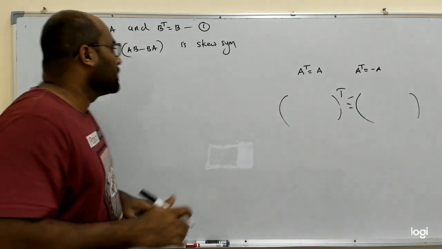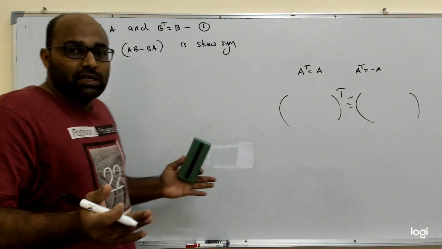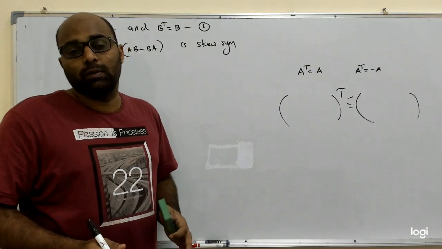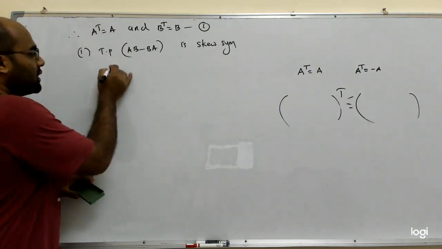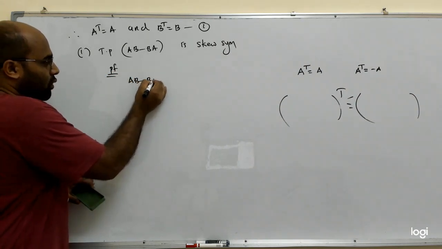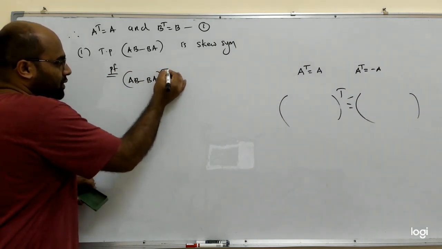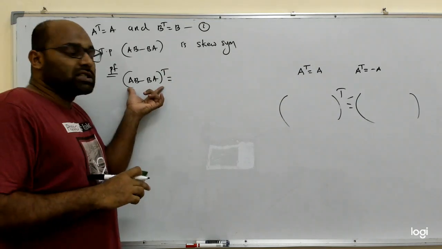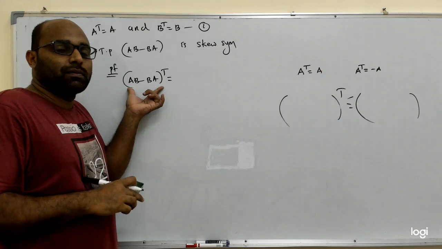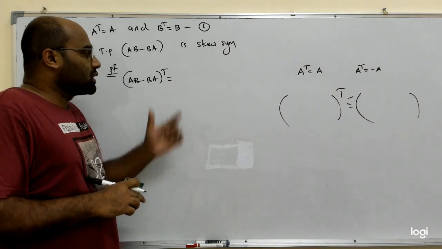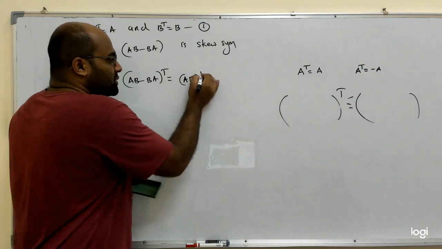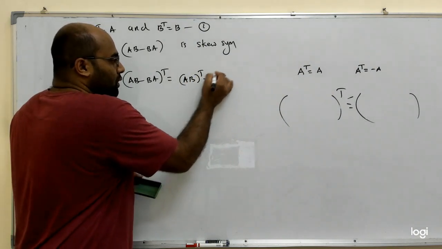Let us see. Many properties are there that I will write; you already know them, but anyway I'll explain in between. Proof: AB minus BA all transpose, because we want to get the negative of this one, which is what we call skew symmetric. This can be written as AB all transpose minus BA all transpose.